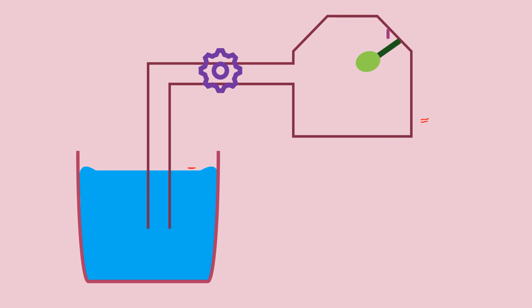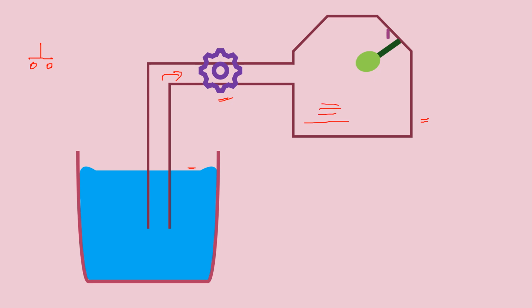A pump is connected here, and we will have a switch which is not shown here. We will have a push switch, and upon pressing the push switch once, the motor should start running and pump the water through this pipe and fill this tank.